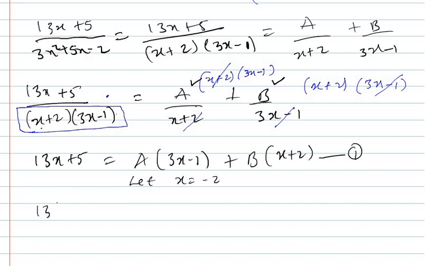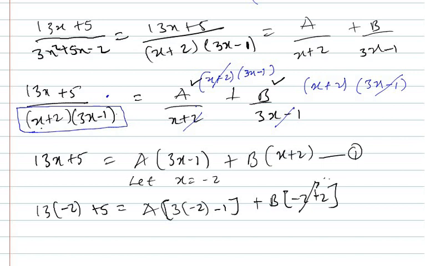So I have 13 into minus 2 plus 5 is equal to A into (3 into minus 2 plus 1), I mean it's minus 1. And I know definitely B is going to be 0, but let's put it: minus 2 plus 2 becomes 0. So I will be left with A.